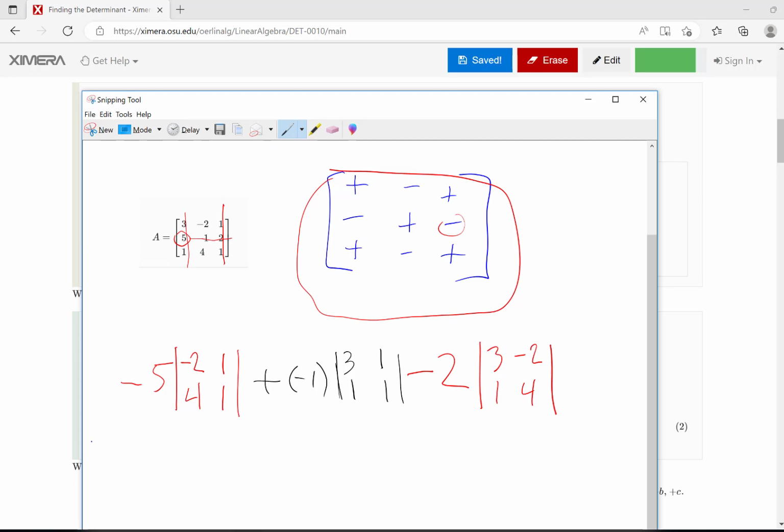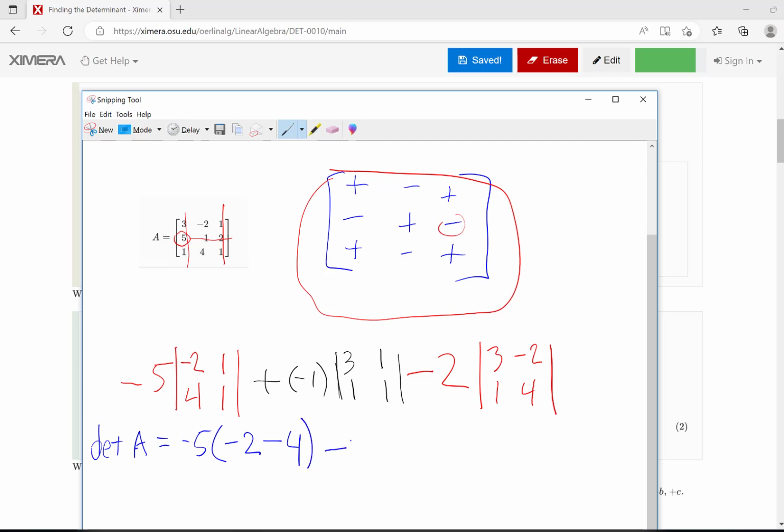So let's see. The determinant of A equals -5 times, now the determinant of this 2 by 2 matrix, I do -2 times 1 is -2 minus 4, because 4 times 1 is 4.